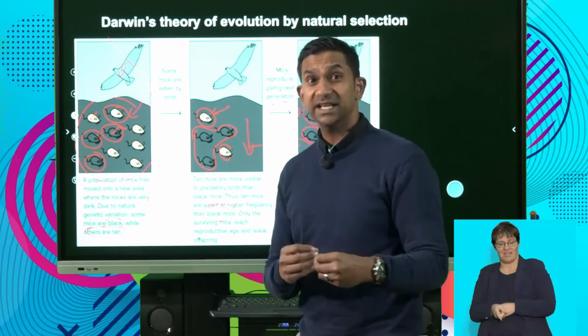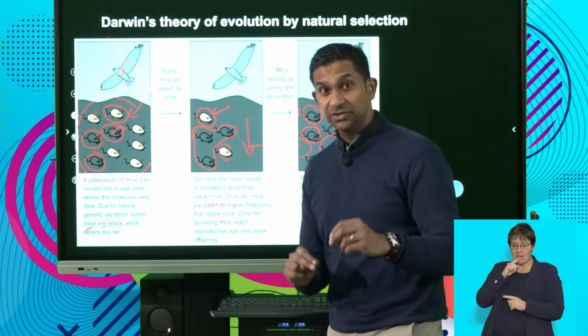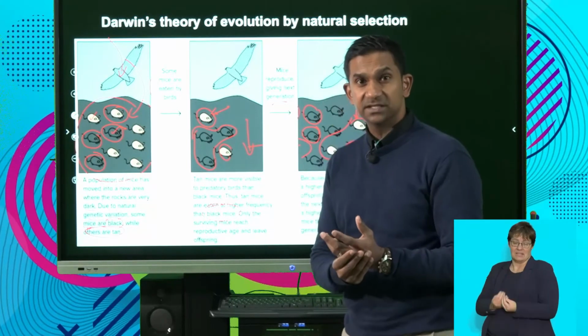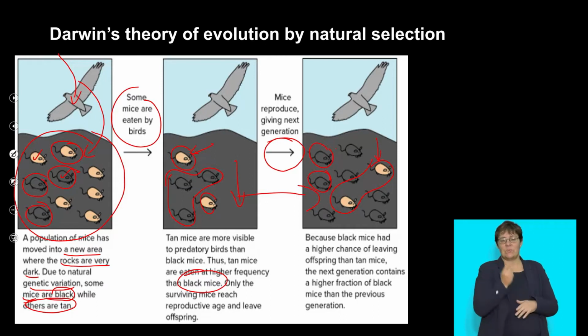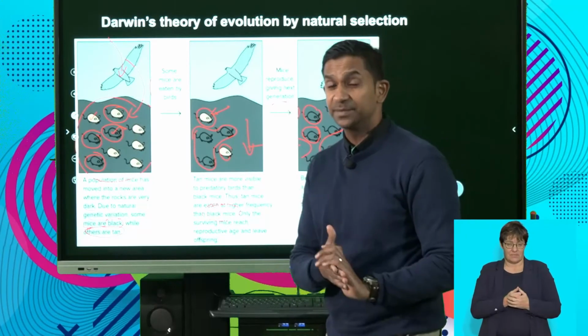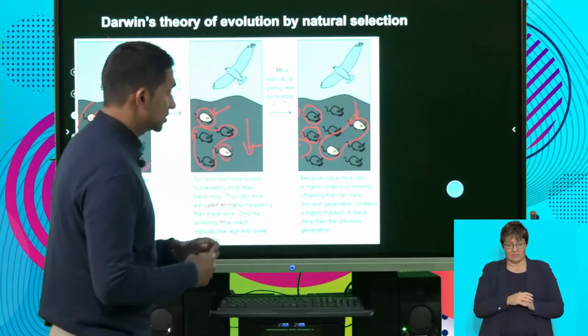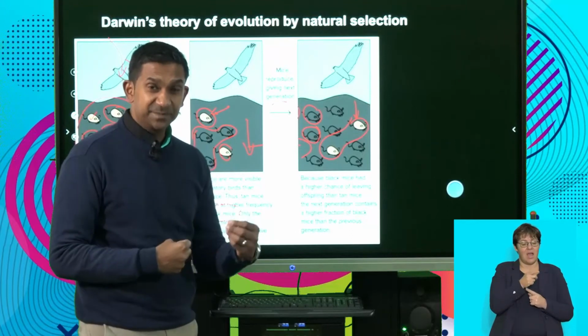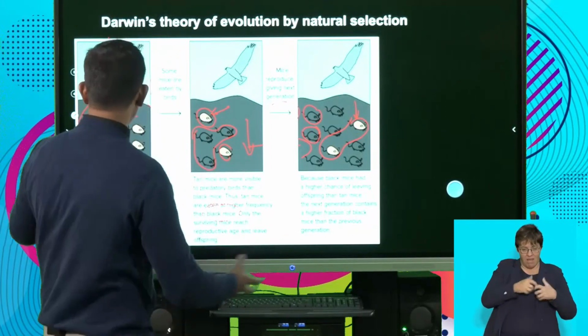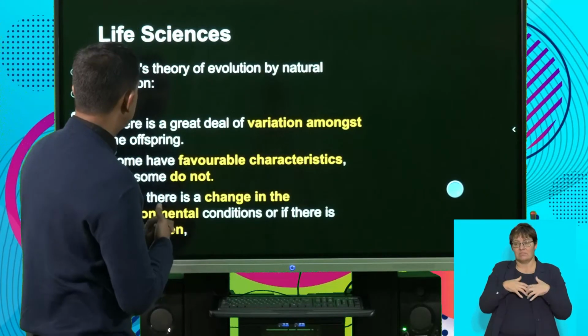And this essentially can lead to the formation of a new species that is predominantly, in this case, best suited to the environment. And this is essentially what underpins natural selection, the ability of individuals to change, adapt, and survive, leading to the formation of a new species.